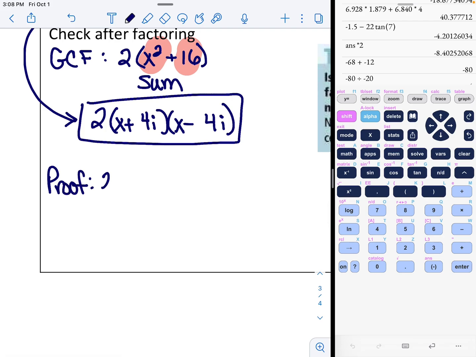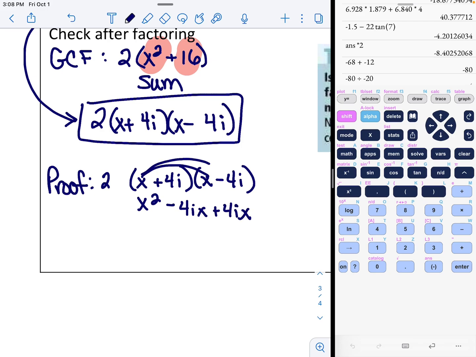I'll leave that 2 there just for a second. If I take my answer that I just had and distribute it together, I get x squared minus 4ix plus 4ix minus 16i squared. I'm going to pause because I did that really fast.